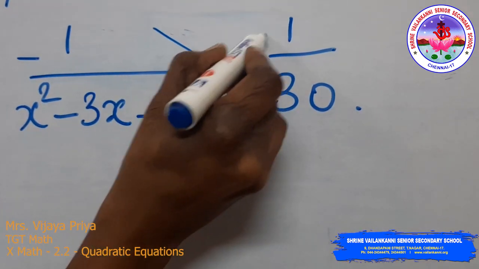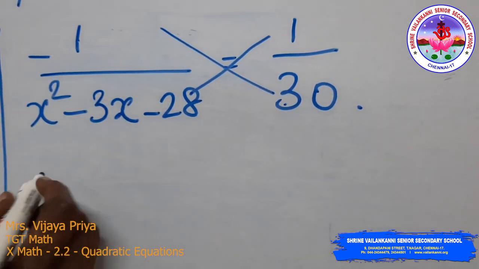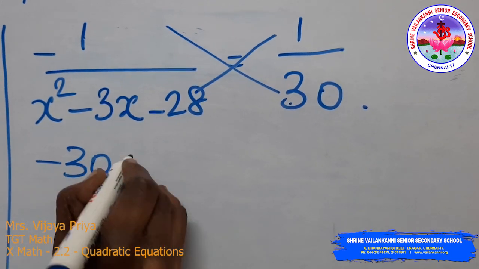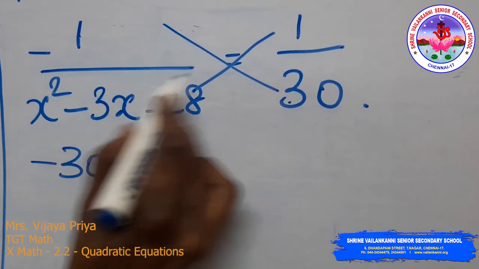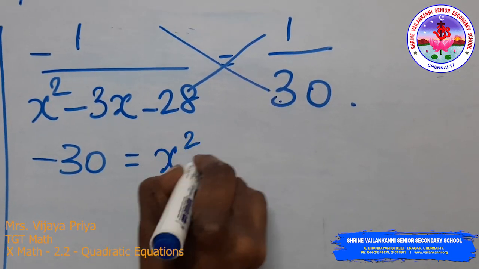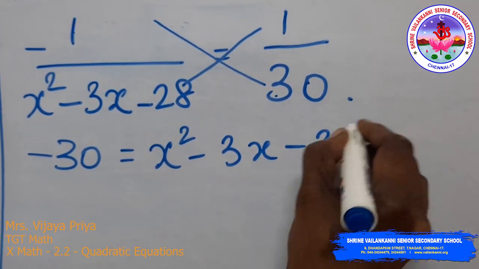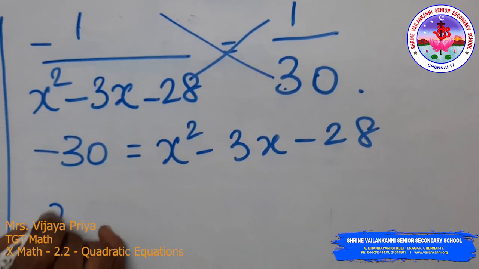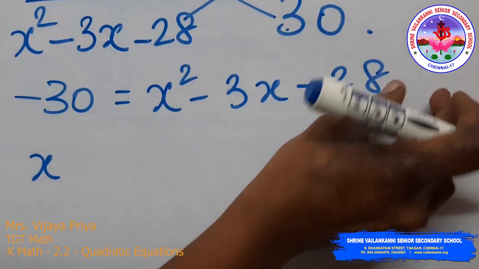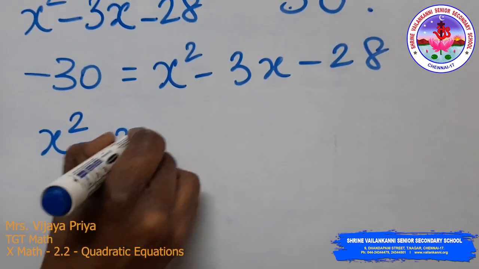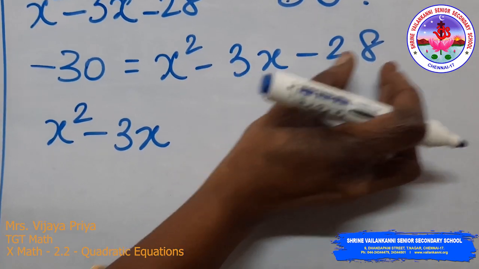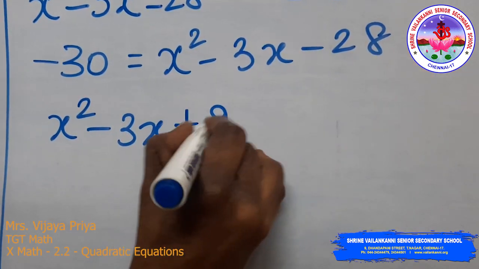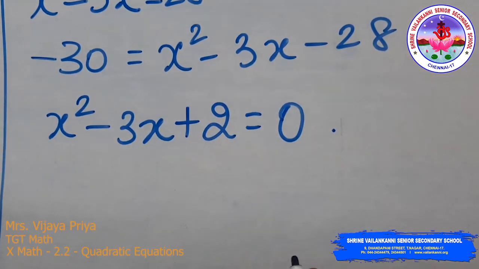Now cross multiplying, I will get 30 into minus 1 becomes minus 30, which is equal to the expression with 1 will give the same expression, x squared minus 3x minus 28. So when I simplify everything, taking minus 30 to that side, it becomes x squared minus 3x minus 28 plus 30. I will get plus 2 is equal to 0.